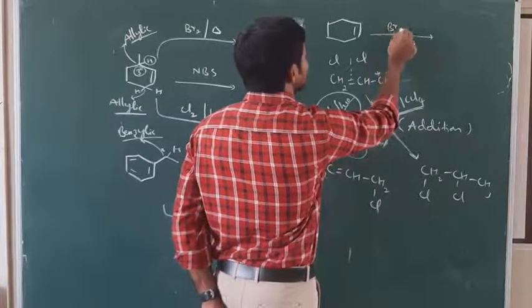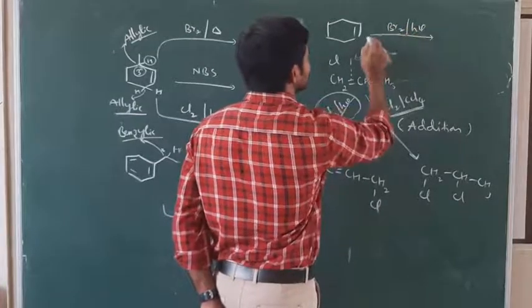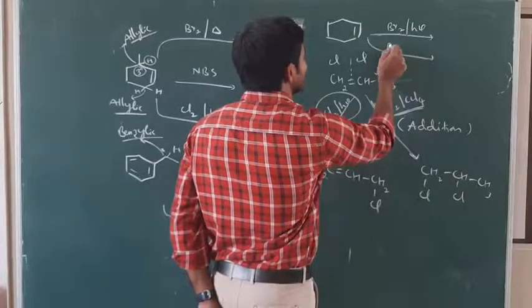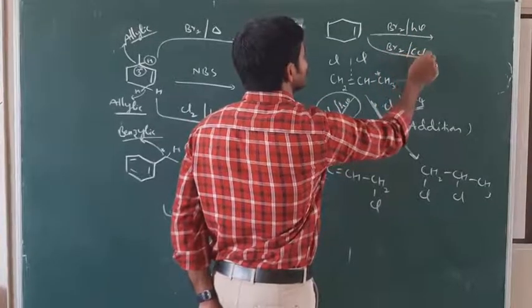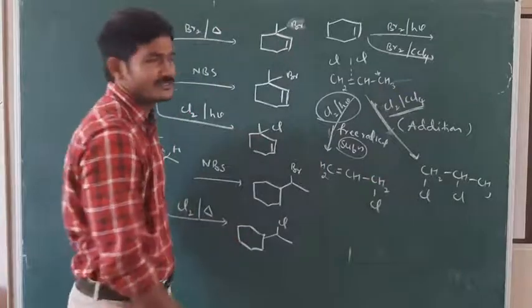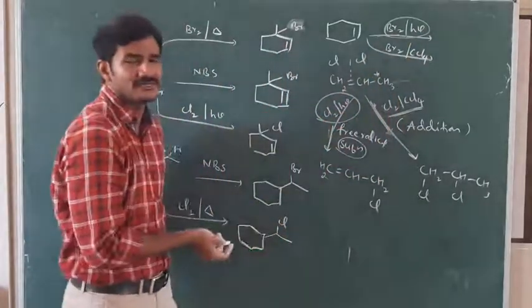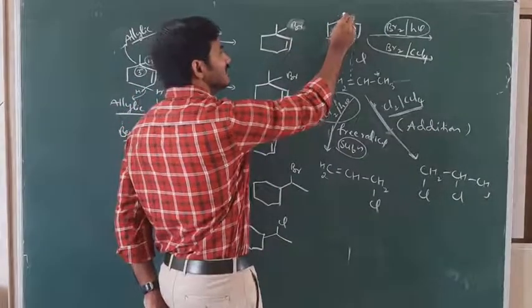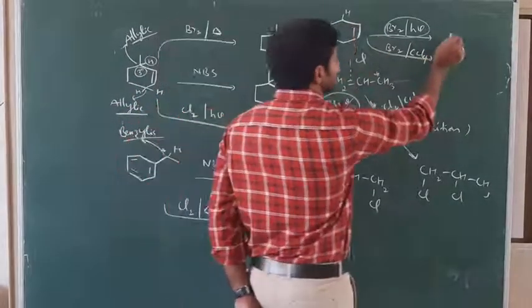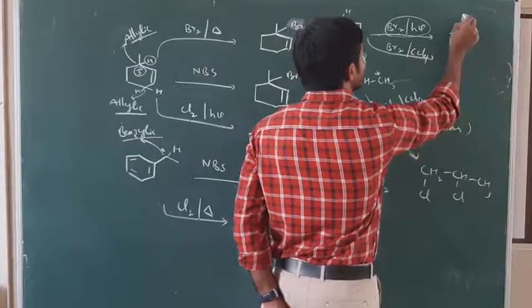Another example, this is cyclohexene. If I write Br2 in light and the same reagent Br2 in CCl4, what is the product we get? Br2 in light undergoes substitution. Here we can see allylic hydrogen, that can be replaced with Br.